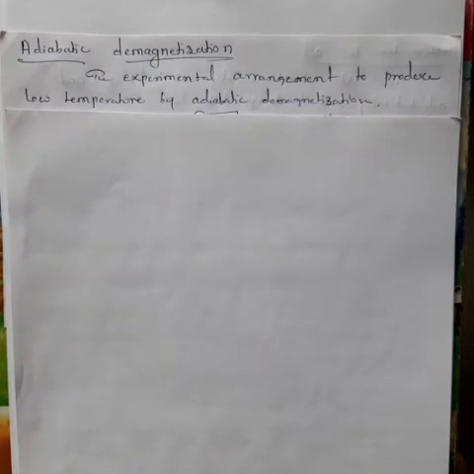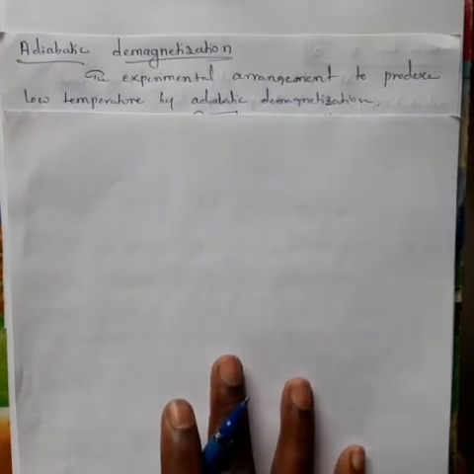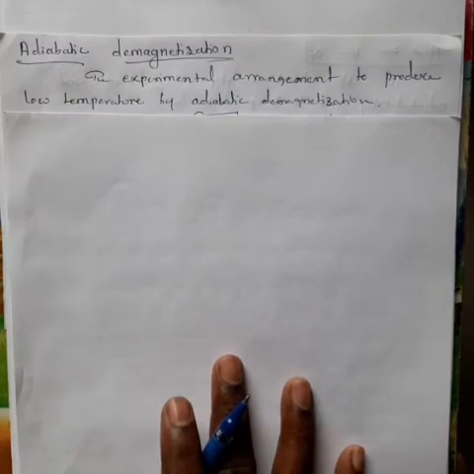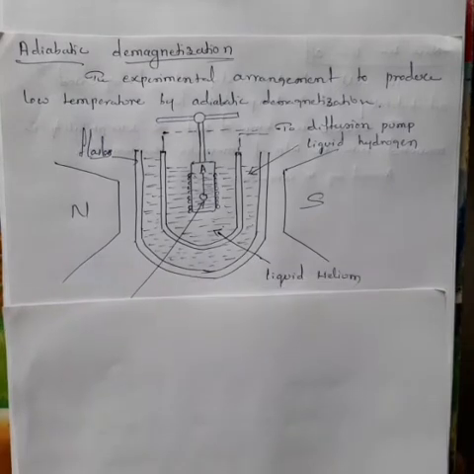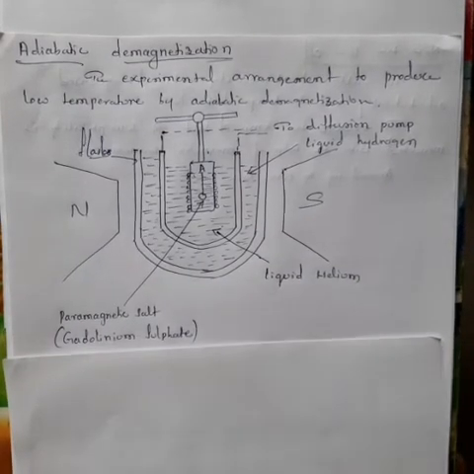So adiabatic demagnetization, in the sense, is an experimental arrangement to produce a low temperature. Here we are going to observe a diagram for the adiabatic demagnetization process.